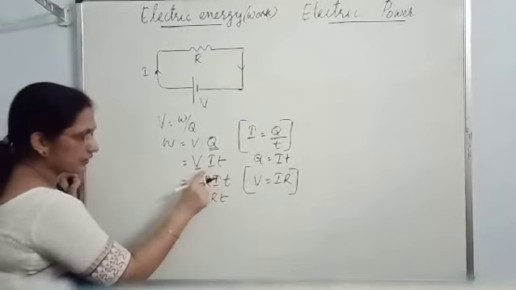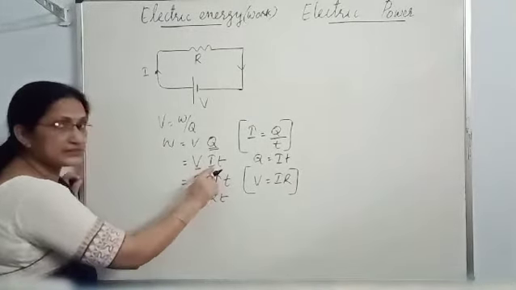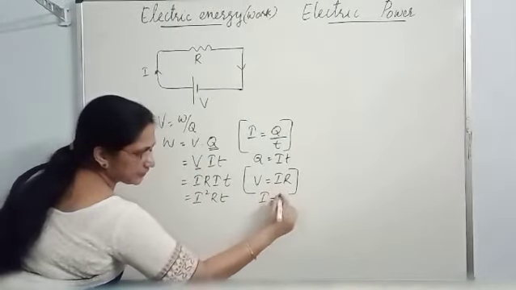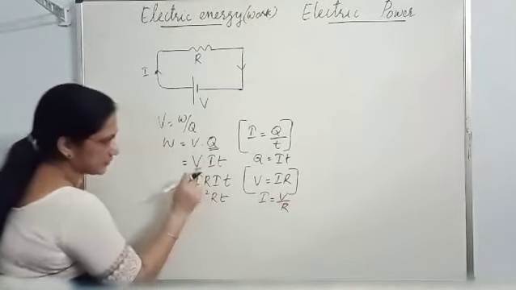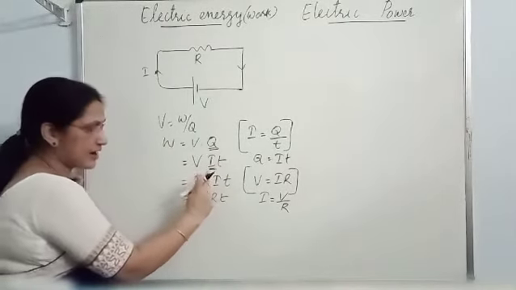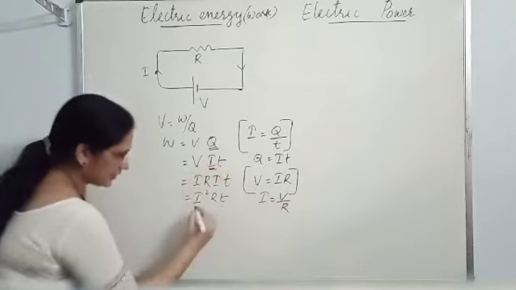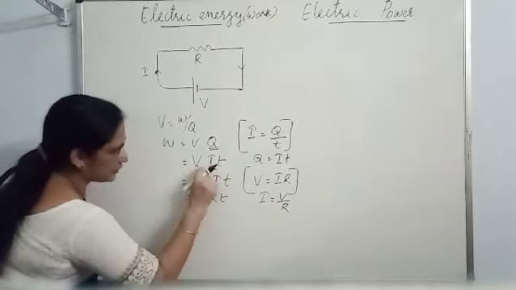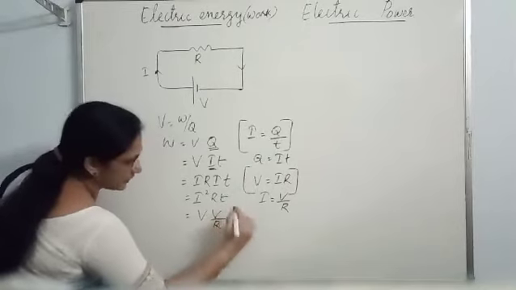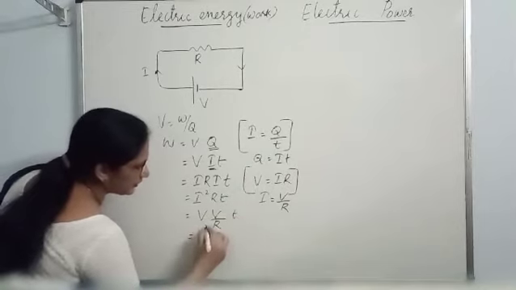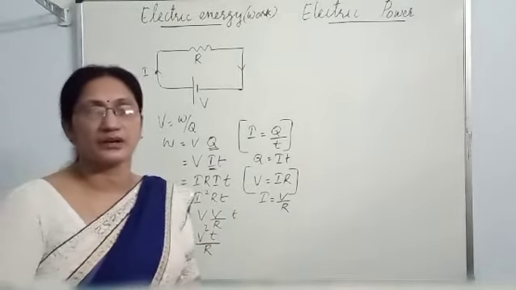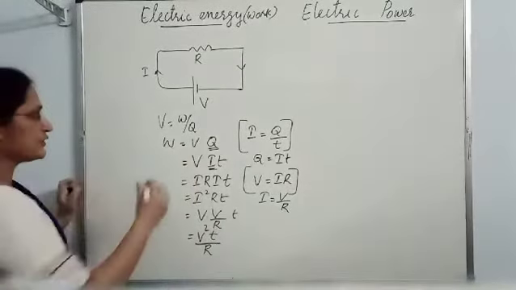In this formula, I can be written as V by R. I is equal to V by R according to Ohm's law. So if you make a substitution for I, you are replacing it with V by R. The formula will be V into I, that is V by R, into T. You will get another formula, V square T by R. So electric work can be calculated by any of these formulas.